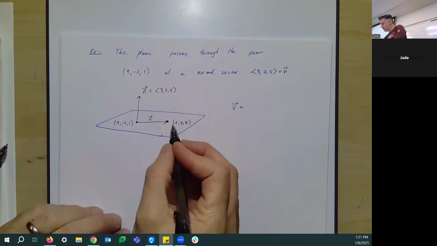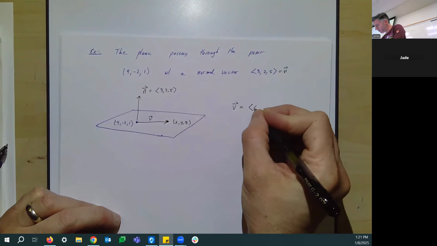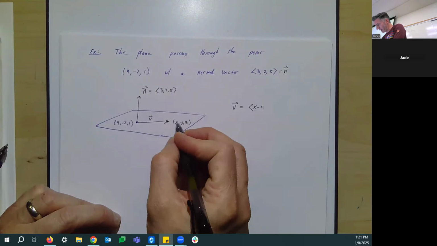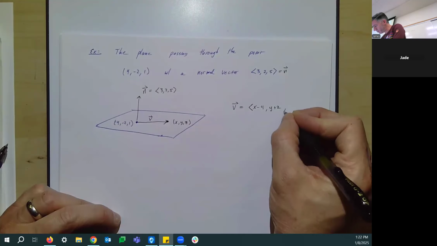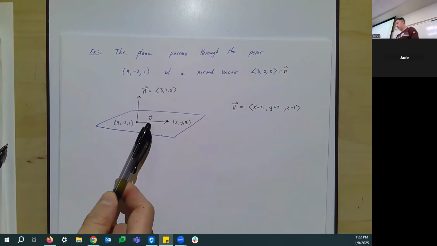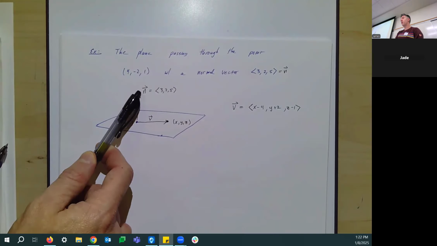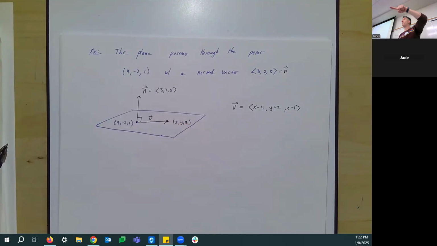So the vector v would have coordinates x minus 4, y minus -2, and z minus 1. That vector and the normal vector are perpendicular, which means their dot product has to be 0.